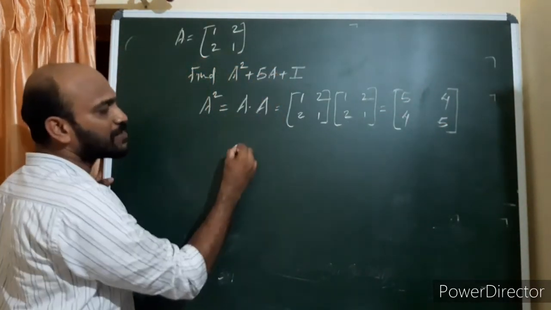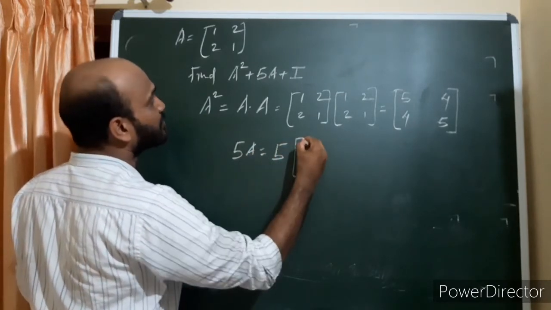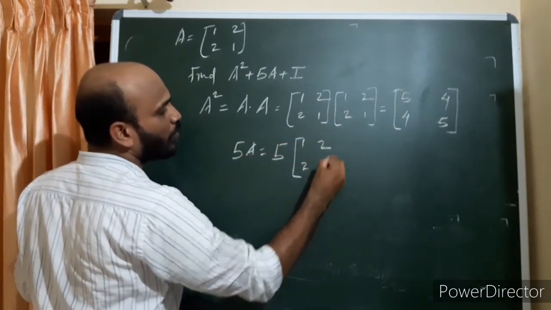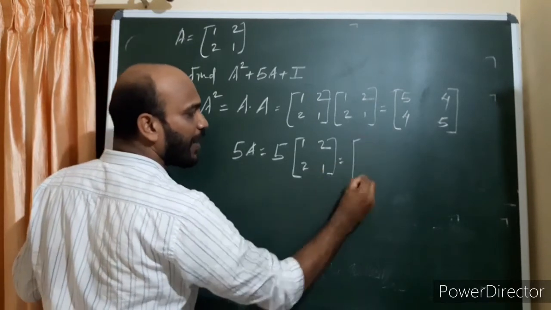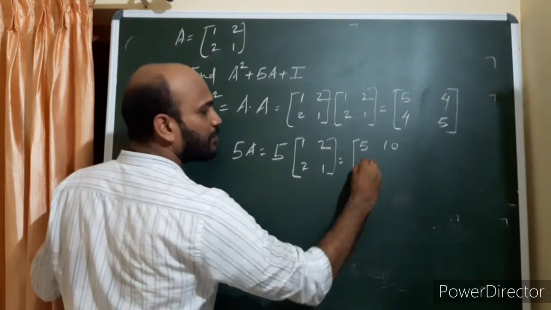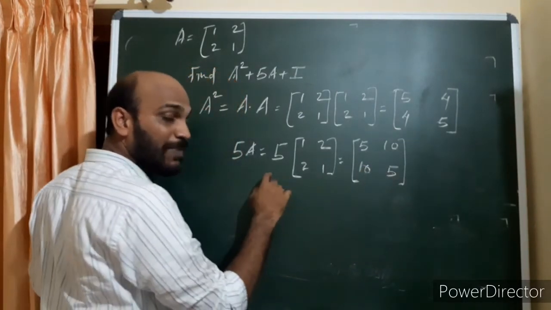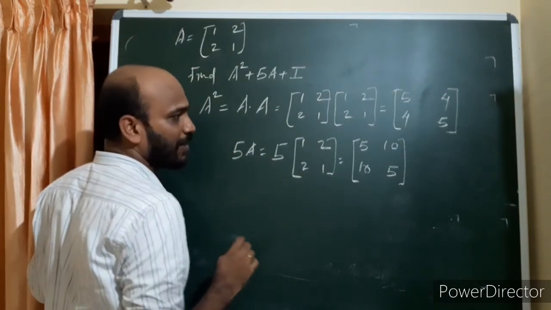Then the second term is 5 into A. That means 5 into matrix 1, 2, 2, 1. Answer is 5, 10, 10, 5. That is multiplication of a matrix by a scalar.